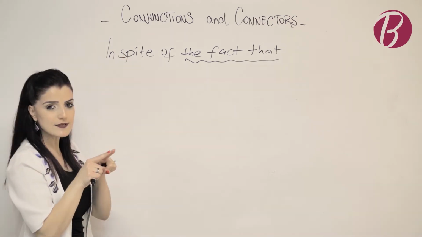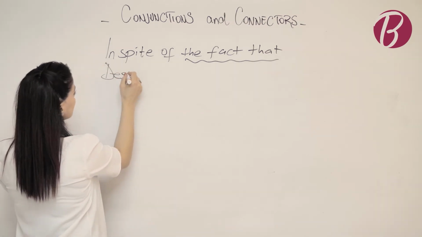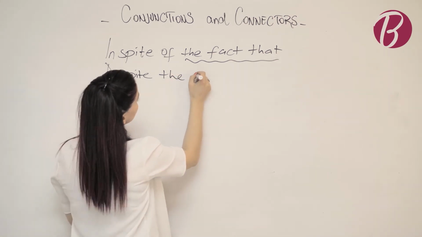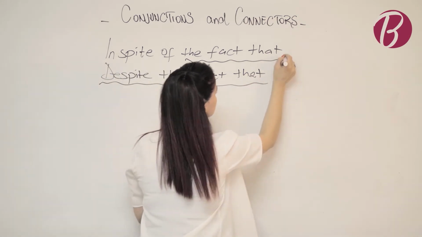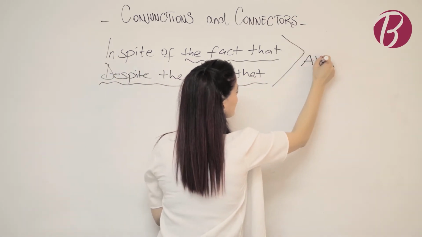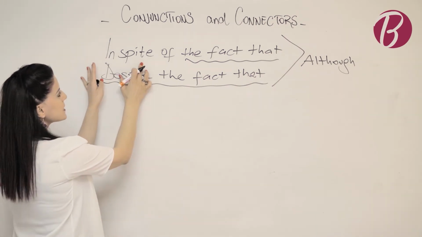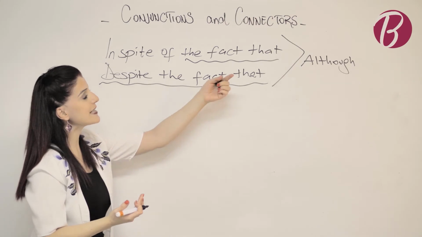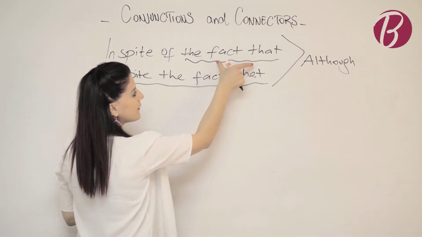So they are totally same with although. Despite the fact that, again no of. Despite the fact that, totally same. So instead of although you can say. So in spite of also can be used in a sentence, but you must add the fact that.